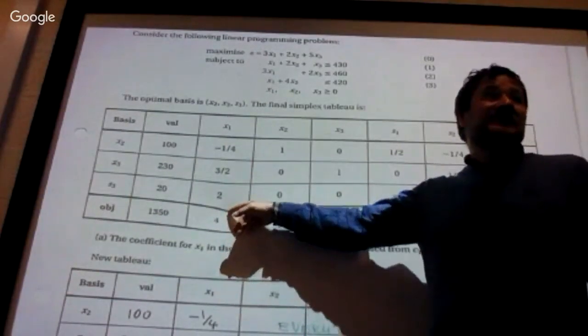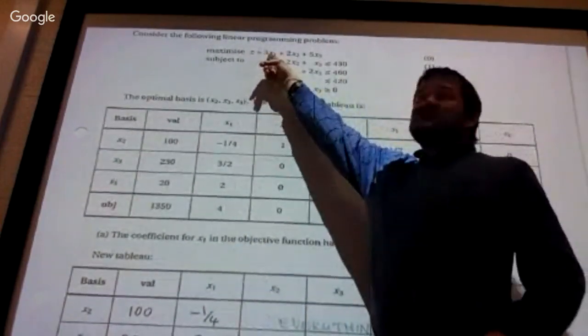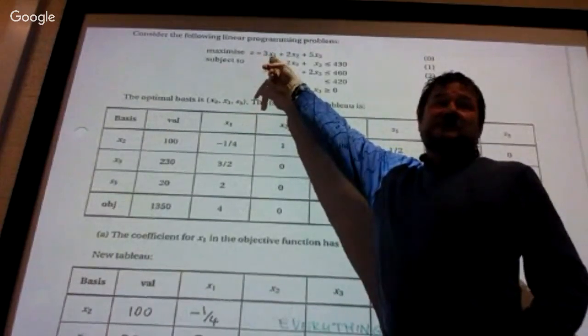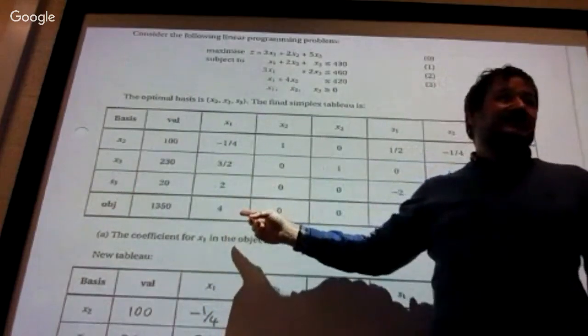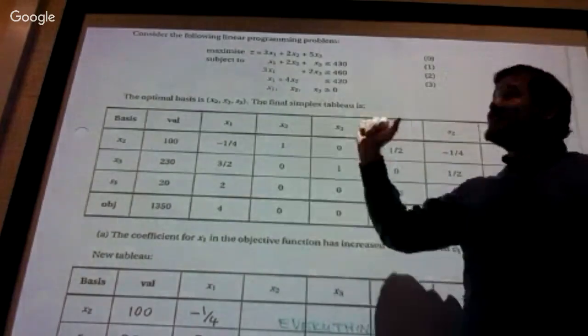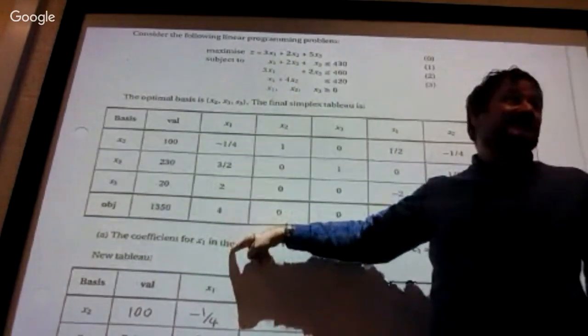In particular, it gives you information about how much you would have to change the coefficient of x1 in the objective in order to have to pivot. Well, we changed it by 5, so we went from 3 to 8. Changing it by 5 meant this went down by 5, so it became negative.